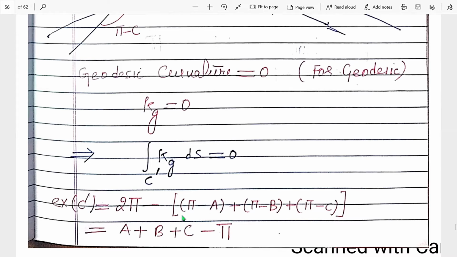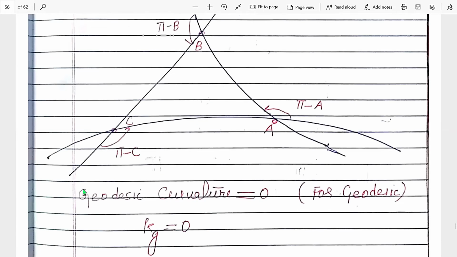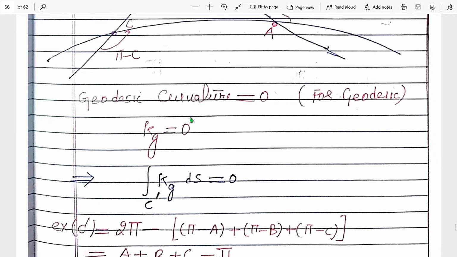So what is the sum of the exterior angles? Pi minus A plus pi minus B plus pi minus C. So this is A plus B plus C minus pi. So this is the exterior of C dash.